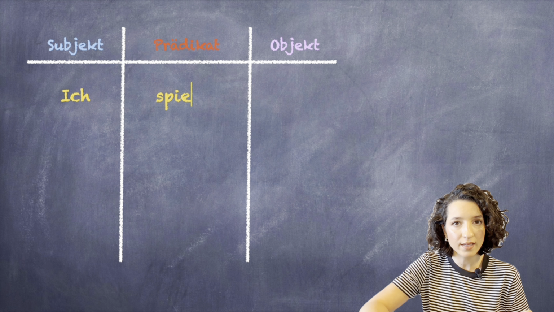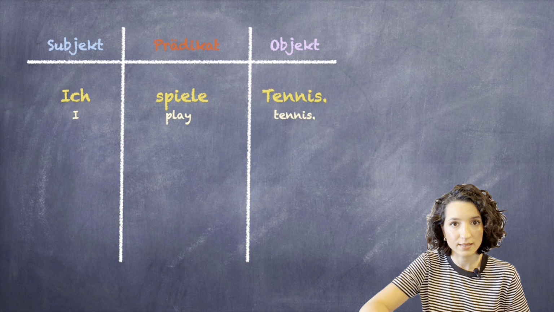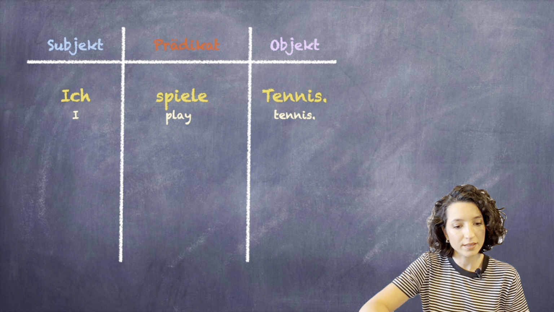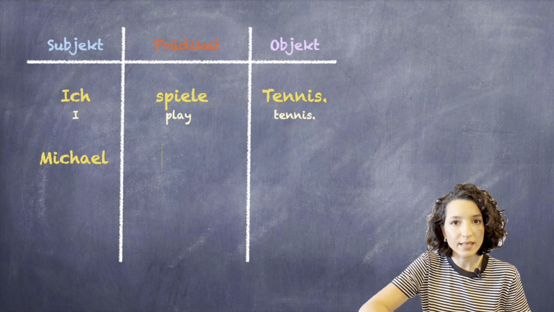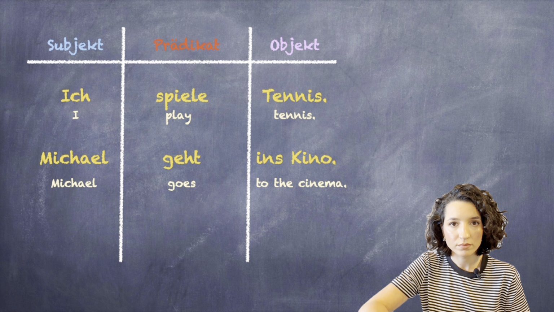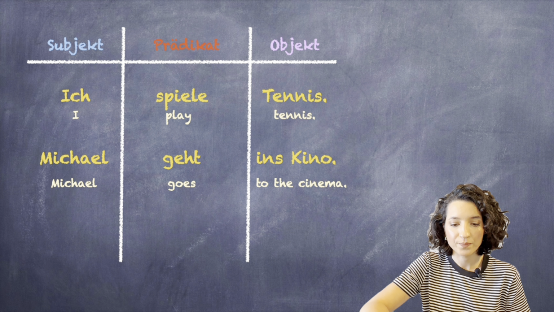Ich spiele Tennis. Ich is das Subjekt, spiele das Prädikat, and Tennis das Objekt. Michael geht ins Kino. Michael, again, ist das Subjekt, geht ist das Prädikat and ins Kino ist das Objekt.